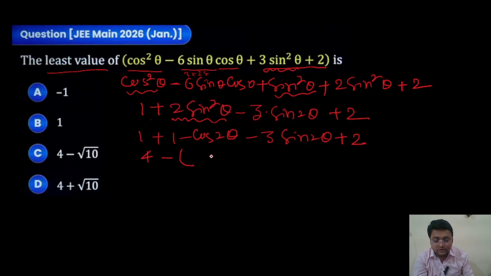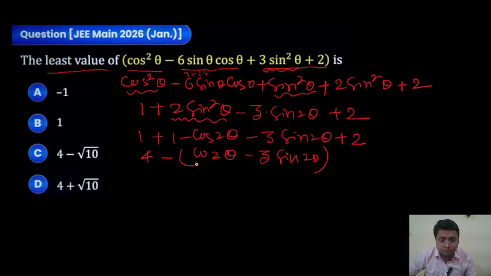Minus, you can take the common, cos 2 theta, and here 3 sine 2 theta is also there. So we get 4 minus cos 2 theta minus 3 sine 2 theta.